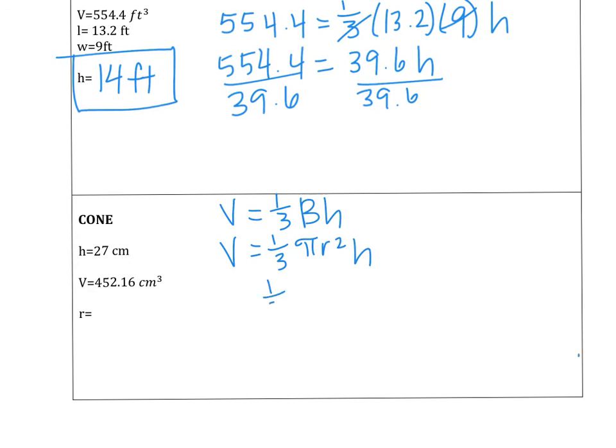So it's 1/3 times 3.14. The radius we don't know, so that's what we're solving for. The height is 27. So again, 3 goes into 27 9 times. I'm simplifying it up front, which makes it easier. And we are given the volume, which we'll put in here.